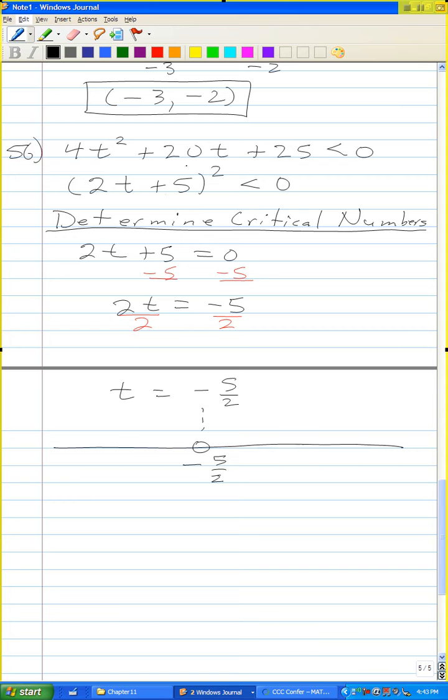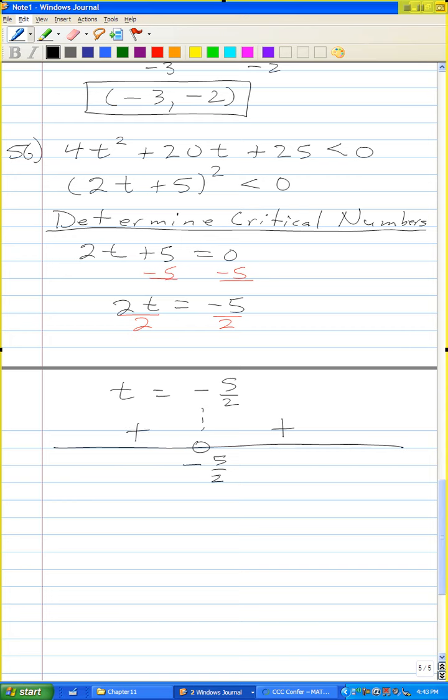Squared is again positive. And so that's positive. The multiplicity of this root is 2, so it's a double root. Since the multiplicity is 2, that means it's an even power. Therefore, since the multiplicity is even, it will not change sign. So the other side is positive.